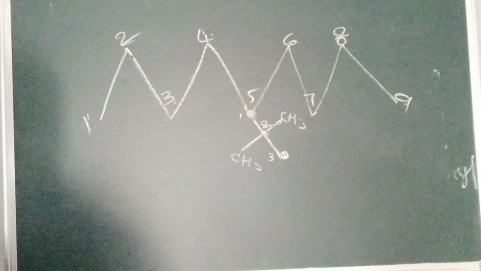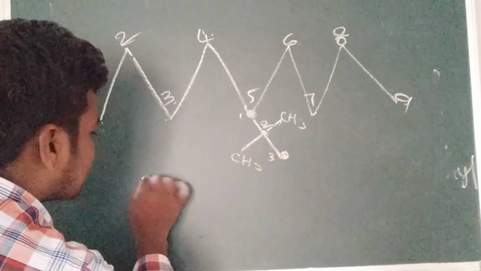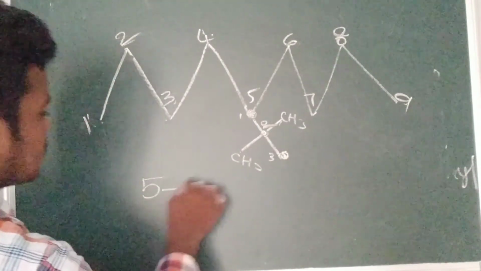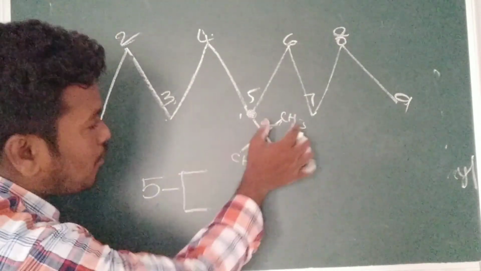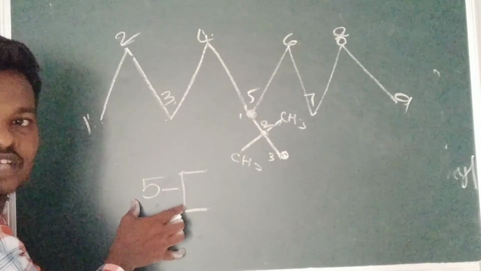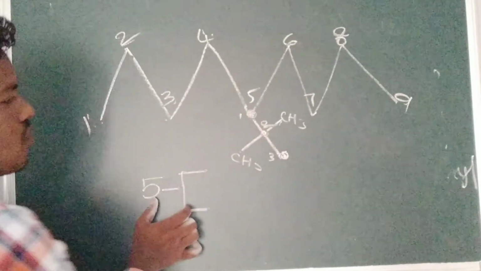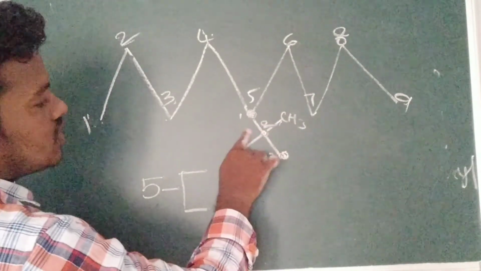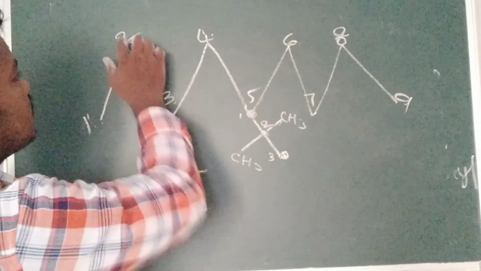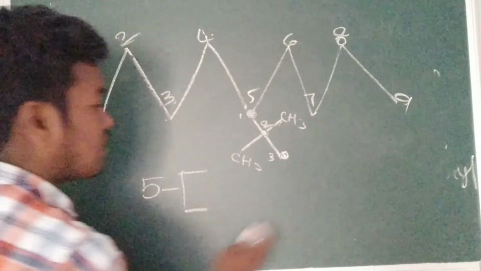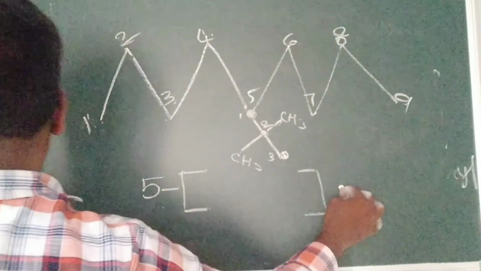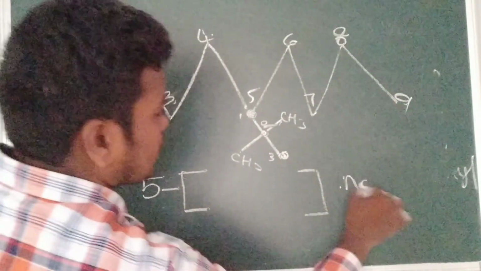So here, how can you name it? What position is it present? On the fifth position, first we have to write the branched position. If it were not there, what would happen? For example, only one single methyl: 5 methyl, eth, meth, prop, but, pent, hex, hept, oct, nonane. You can write nonane.